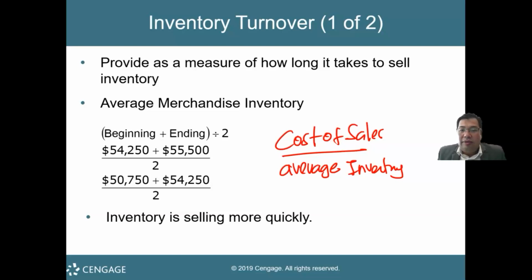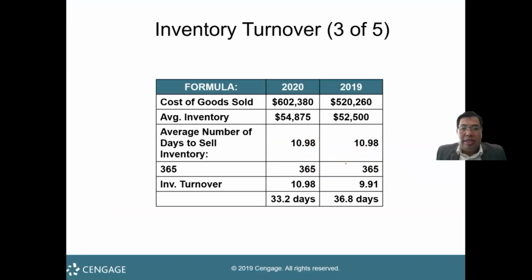Cost of sales divided by average inventory. In this example, your cost of sales is 602 and your average inventory is 54,000. So 602 divided by 54,000 gives you 10.98.